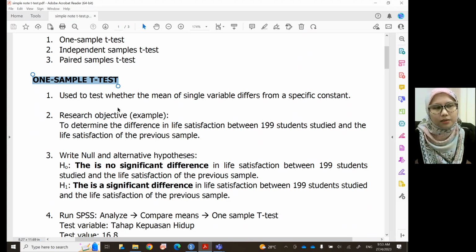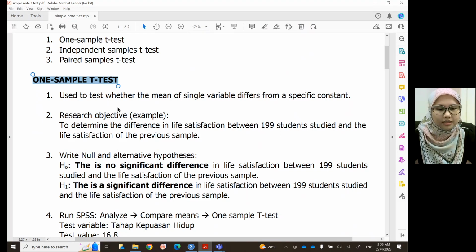Just now, we decided that if we have normally distributed data, you need to use parametric analysis. So if you want to compare the variable or see the differences, you need to do the t-test. But which t-test?